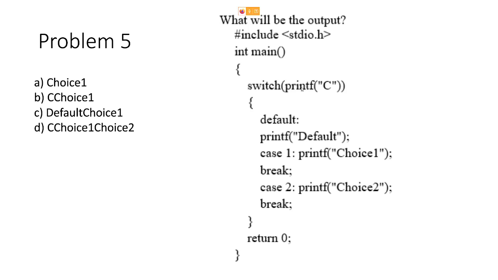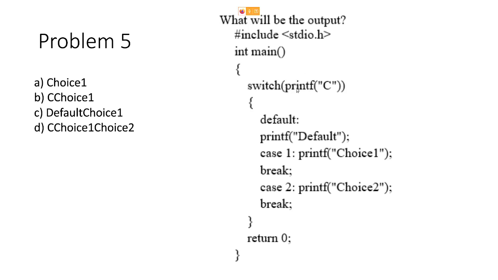So then, is that clear? Then what will happen next? Which case will be executed? Now, I told you that printf returned 1.